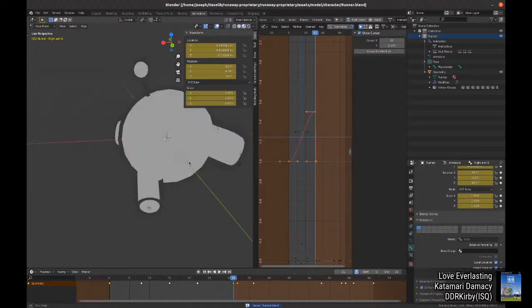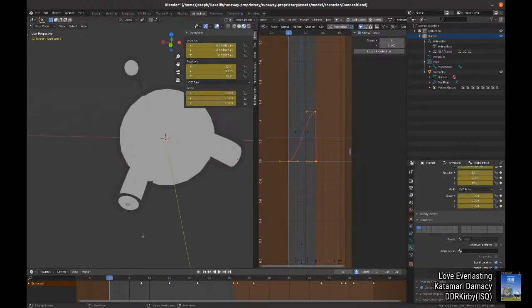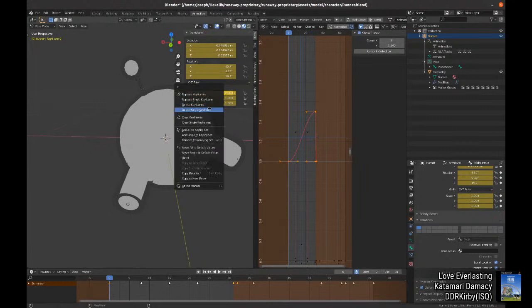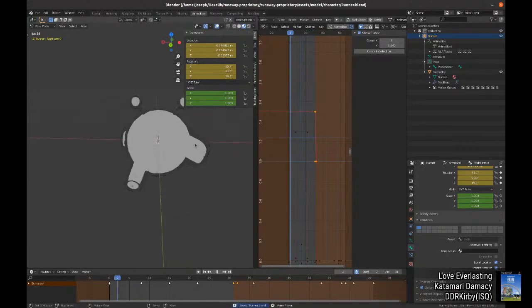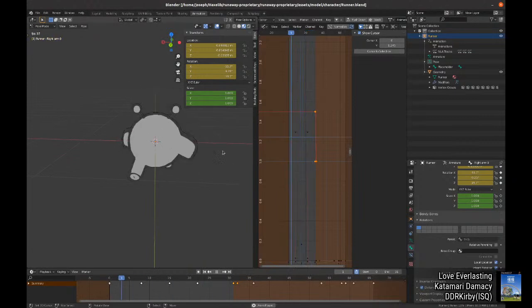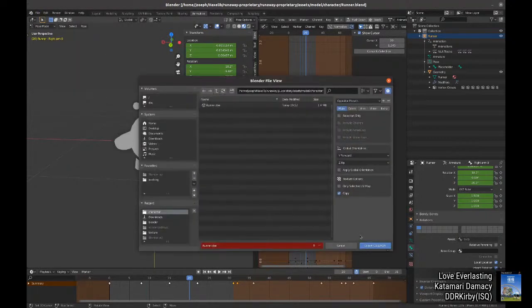So, there. Wait. Oh, I have... Much better. I've exaggerated the arm so that you can see it. Again, not final. Most of this is not final.